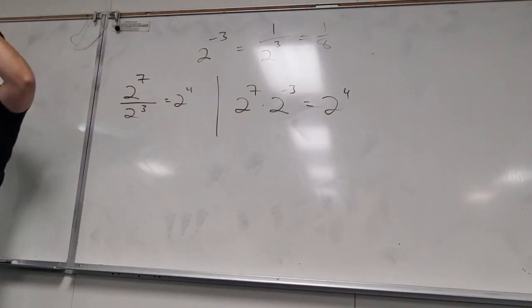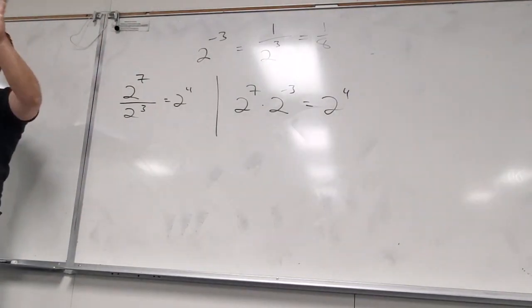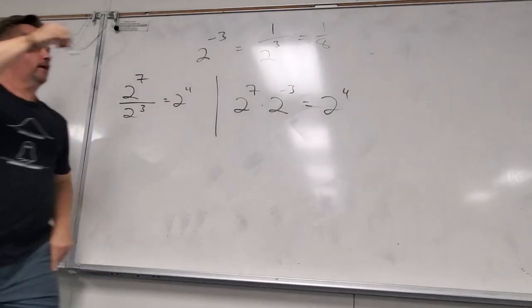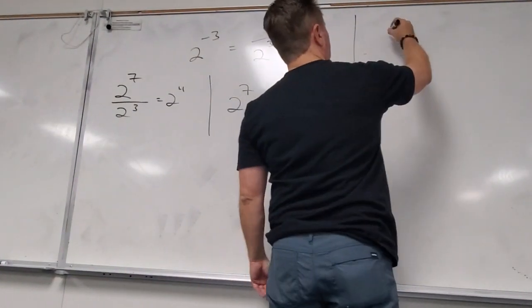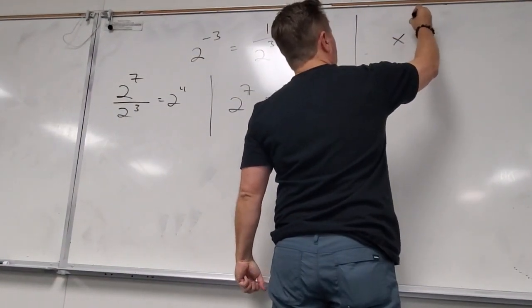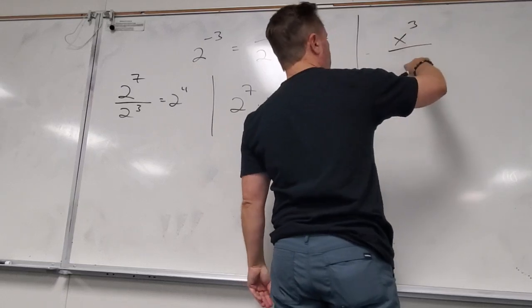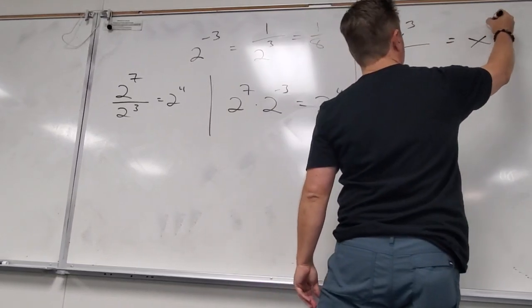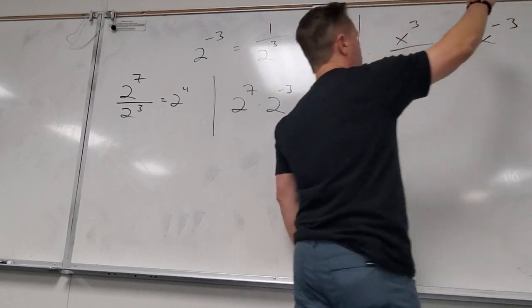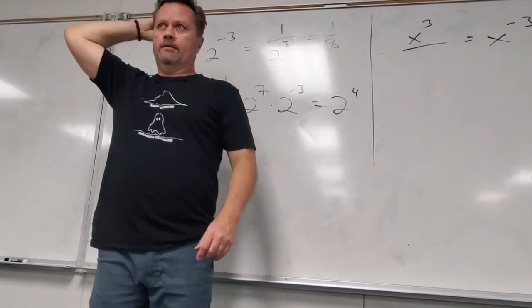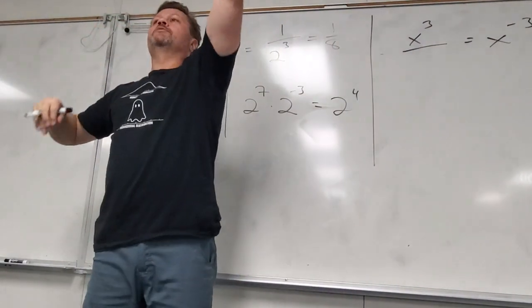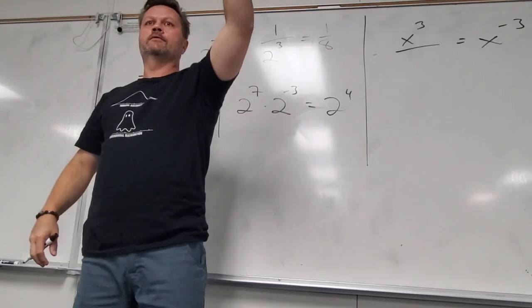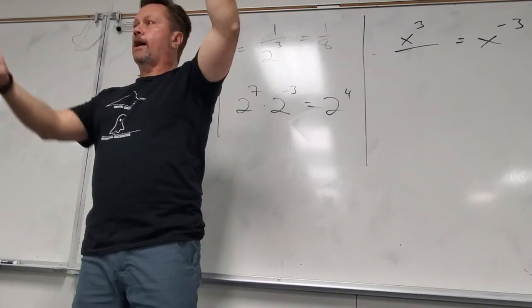You guys get that? The first time I showed you this, I proved it a different way. I said, all right, if I have x to the 3rd up here, what do I need down here to make the answer x to the negative 3, for example? What do you do with powers when you divide like bases? Subtract them.